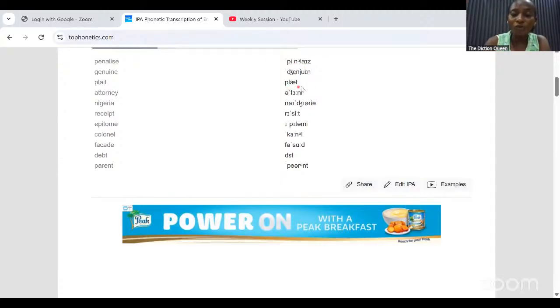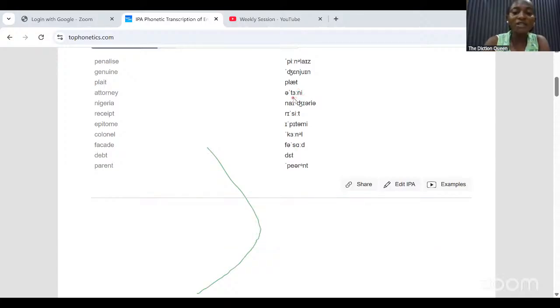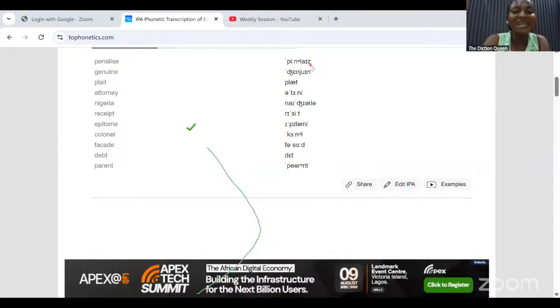When you're not clear how to pronounce a word and you check the dictionary, after you have got the part of speech of the word, the next thing is the information about how the word is being pronounced. So this right here is called transcription.